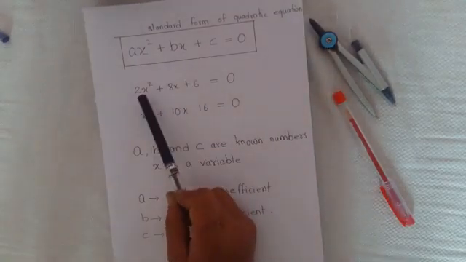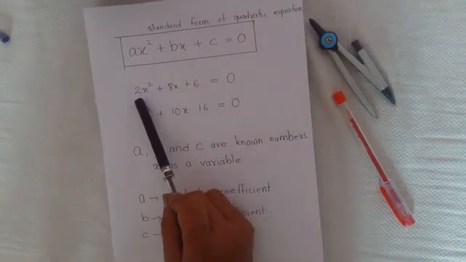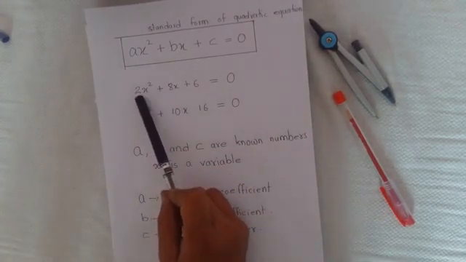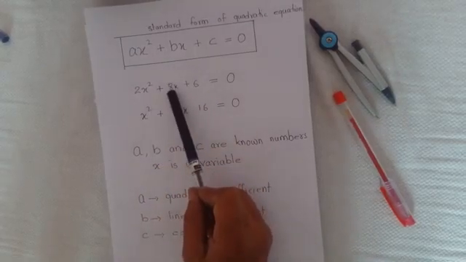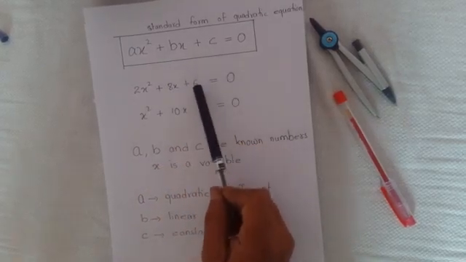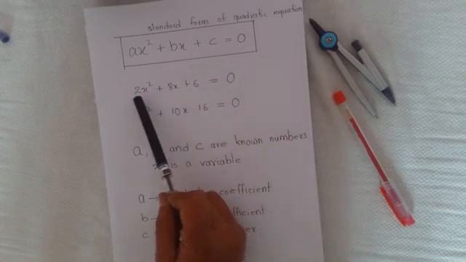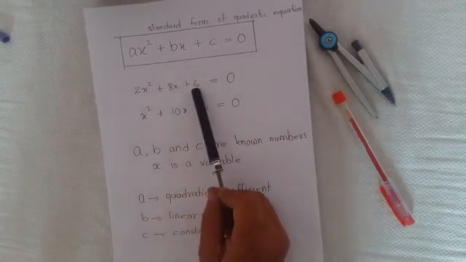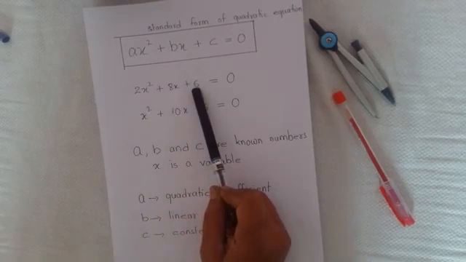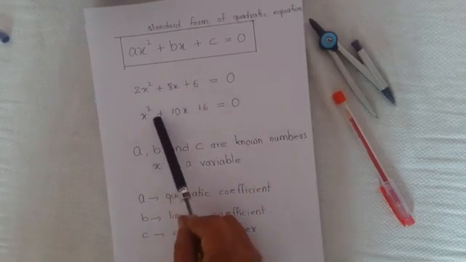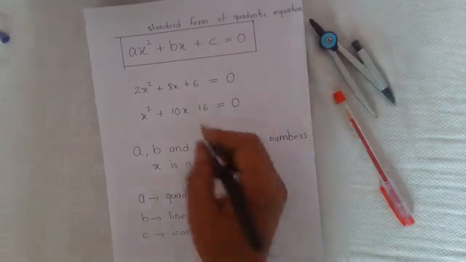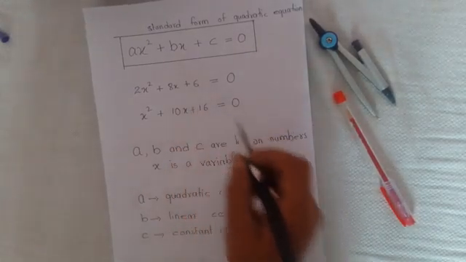Let's go down here. As you can see, in place of a we have 2, in place of b we have 8, and in place of c we have 6. So a, b and c are called known numbers. Here again we have x square plus 10x plus 16 equals 0.